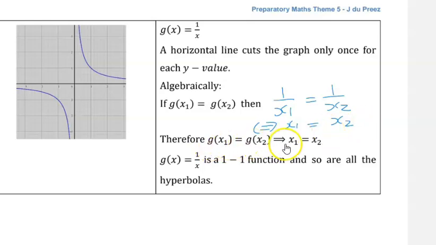And we only need the one direction. We only need to choose two y values that are equal and then prove that the x values are also equal. We don't need the other side. So g of x, which is a hyperbola in this case, is a one-to-one function, and so are all the rectangular hyperbolas.